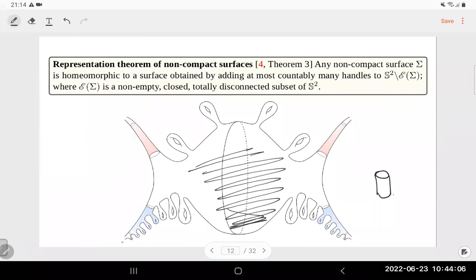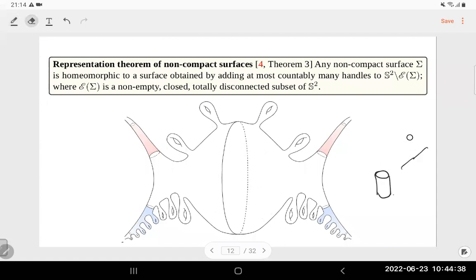When I'm considering a pair of pants, I am considering all possible numbers of ends. When I'm considering a two-hole torus, I'm considering genus. And when I am considering an annulus, it means I'm considering non-planar ends.